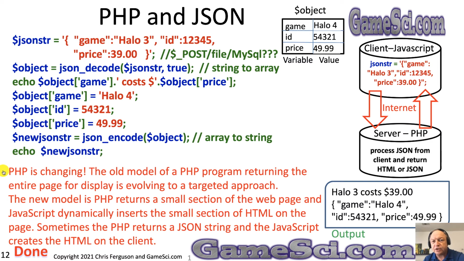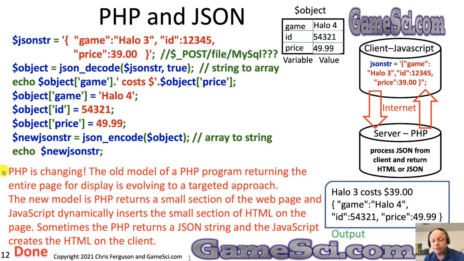PHP is changing. The old model of a PHP program returning the entire page in HTML for display is evolving to a targeted approach. The new model is PHP returns a small section of web page and JavaScript dynamically inserts the small section of HTML on the page.